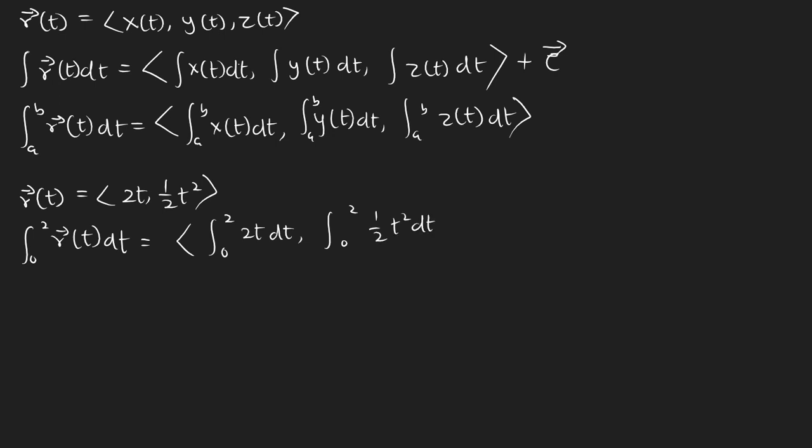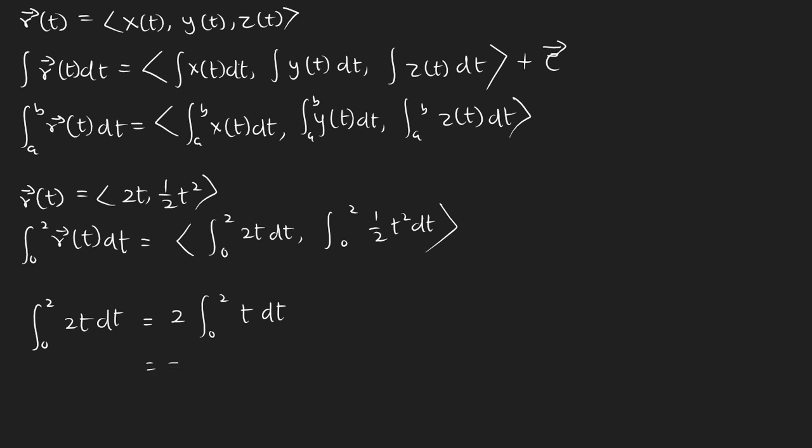So let's look at that. Let's consider the first component. We are finding the integral from 0 to 2 for 2t dt. When I do this, I'll keep the constant aside, so that will be 2 multiplied by the integral from 0 to 2 for t dt.